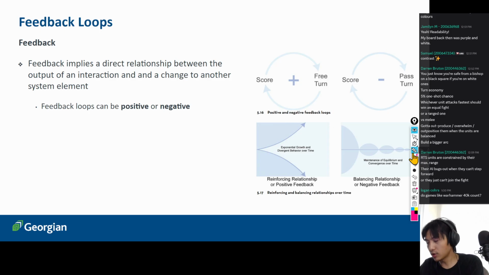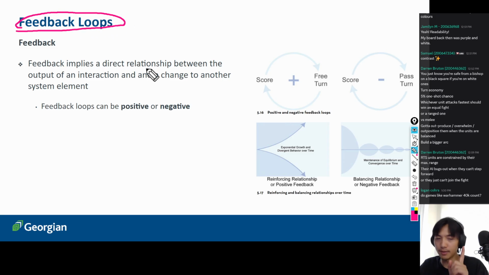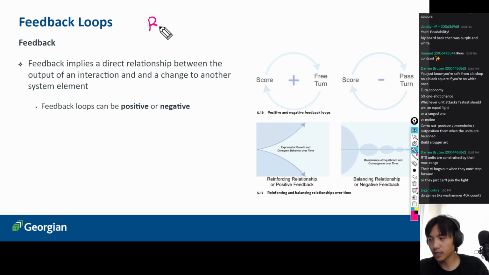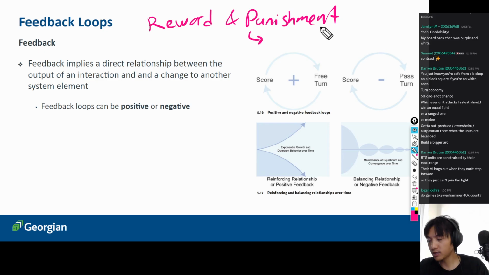Okay, so let's talk about dynamics. One of the most important things to understand in dynamics is what's called a feedback loop. When I say feedback loop, I'm not talking about reward and punishment. That is feedback when it comes to the topic of motivation. That's not the same.